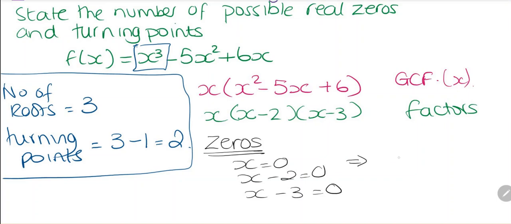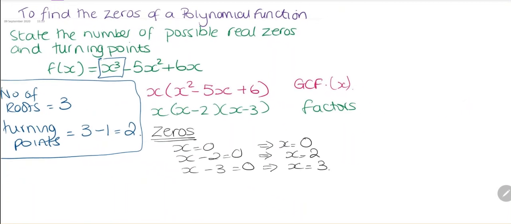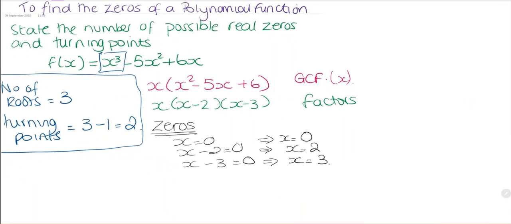So x is equal to 0, x is equal to 2, and x is equal to 3. Now if we were to check, we could use Desmos or a graphing calculator. Our graph will look something like this.